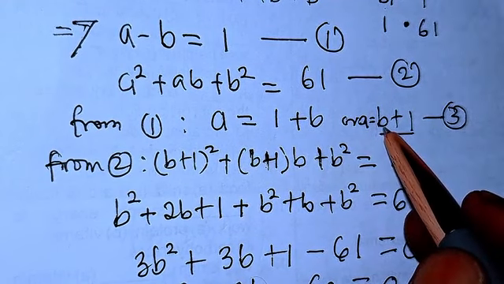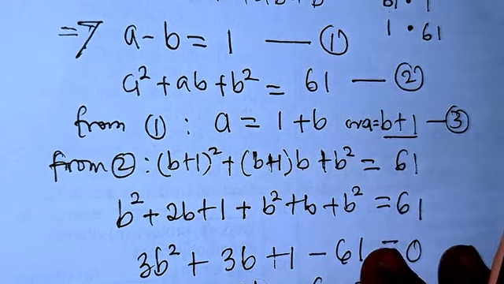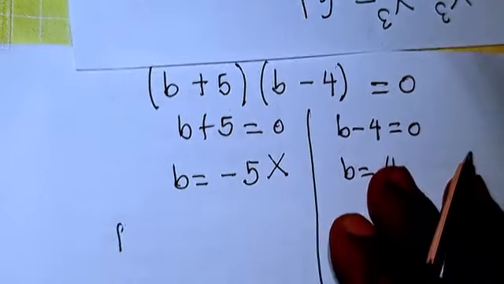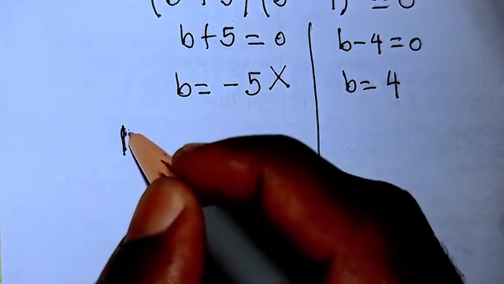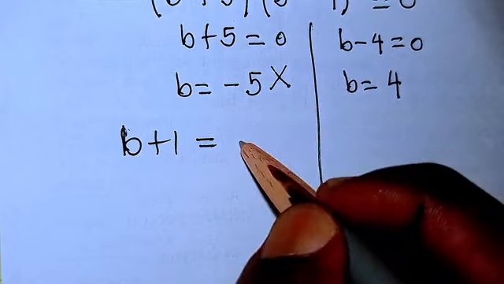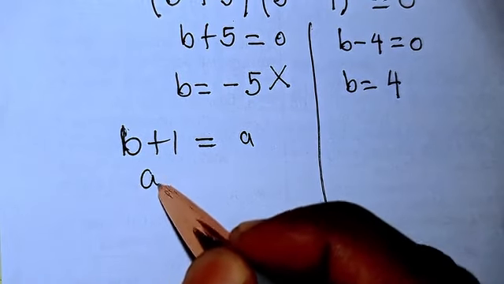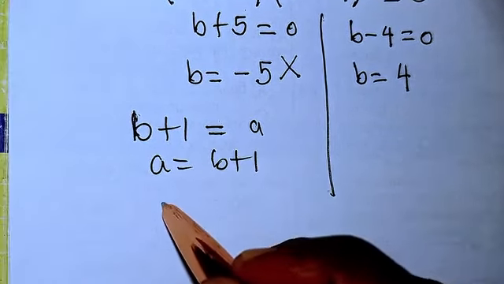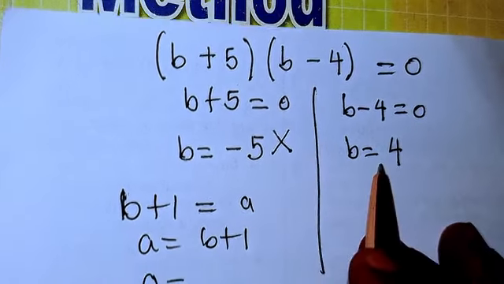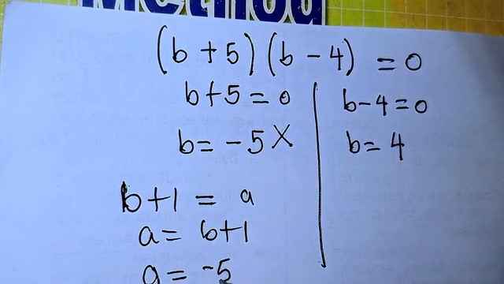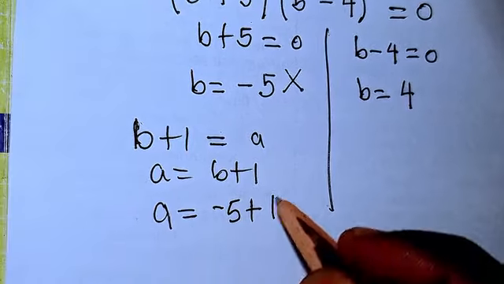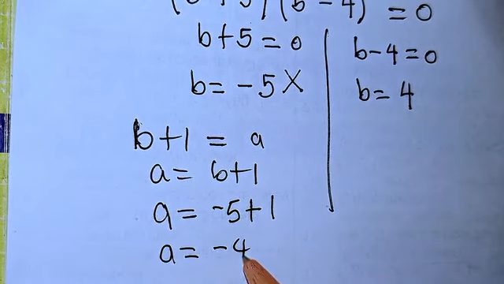If b should be minus 5, then a equals b plus 1. So picking minus 5, you have minus 5 plus 1, so a equals minus 4.